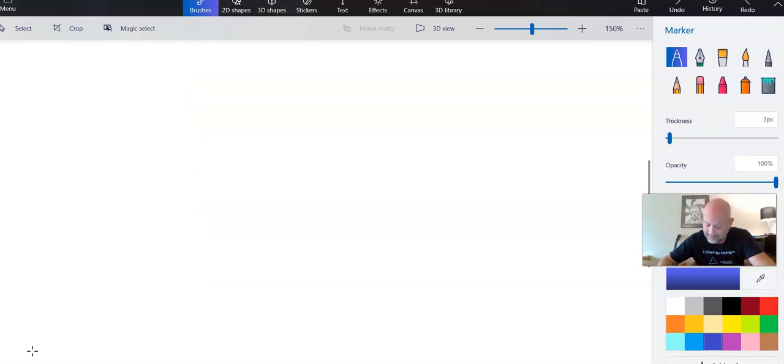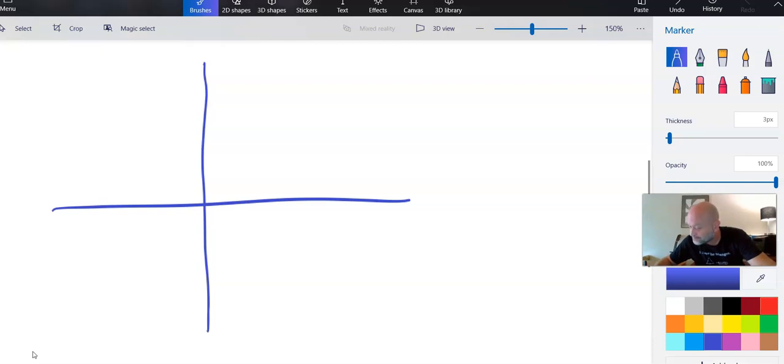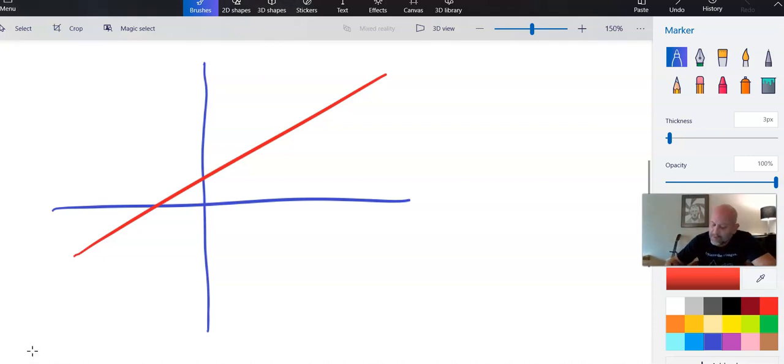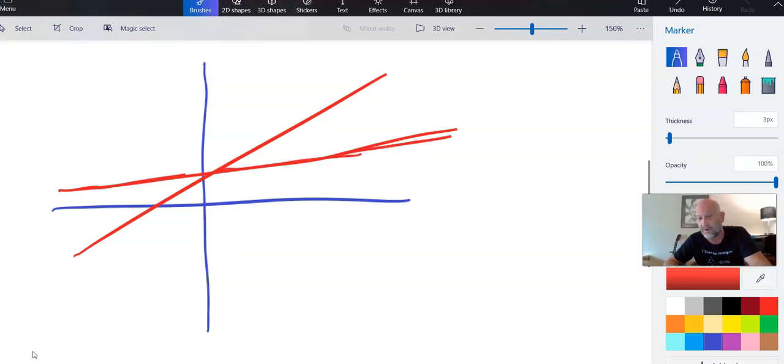If I have a particular line here, and this is completely random, what I'm talking about when I'm talking about the slope is how steep something is. So, for example, if I draw a second line here, you can see that it is not as steep as the first line, and so it would have a slope that's closer to zero.